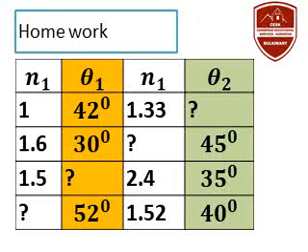Okay, n2 is sometimes given, sometimes not. Here theta 1 is in yellow color, theta 2 in green color. In this table, each row represents a question. See here, n1 is given, theta 1 is given, n2 is given as 1.33. So here theta 2 is unknown.